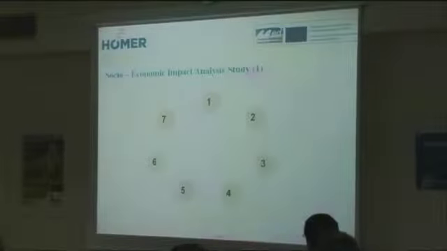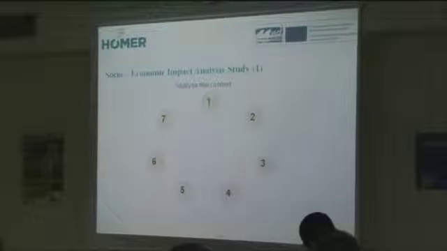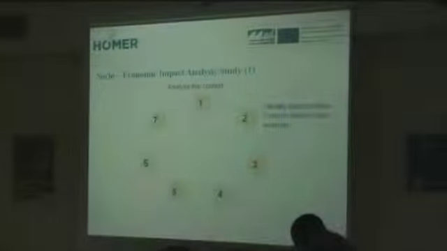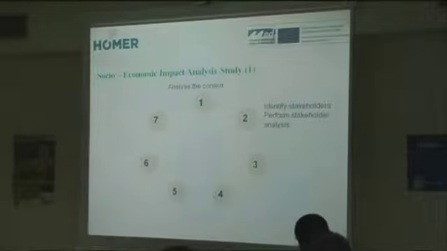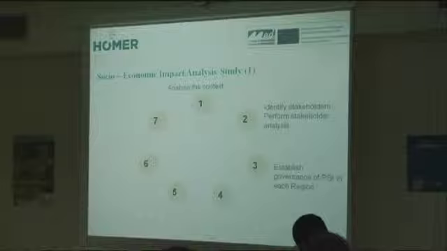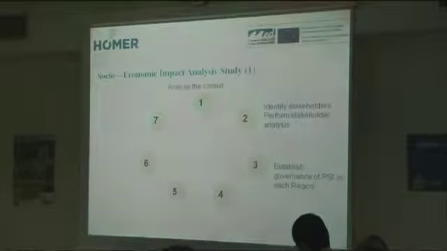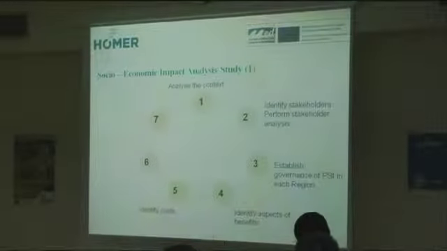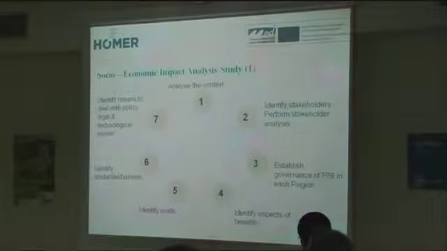And the first step is to analyze the project context, followed by identifying the key stakeholders and thereafter performing a stakeholder analysis to establish governance of PSI in each region, to identify any aspects of benefits and costs, identify any obstacles and barriers and how to mitigate these, and identify means to deal with policy, legal, and technological issues.